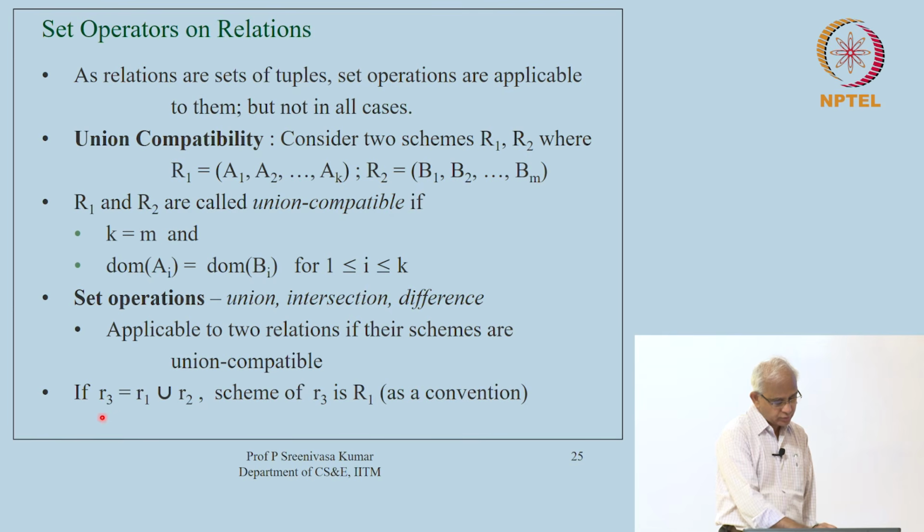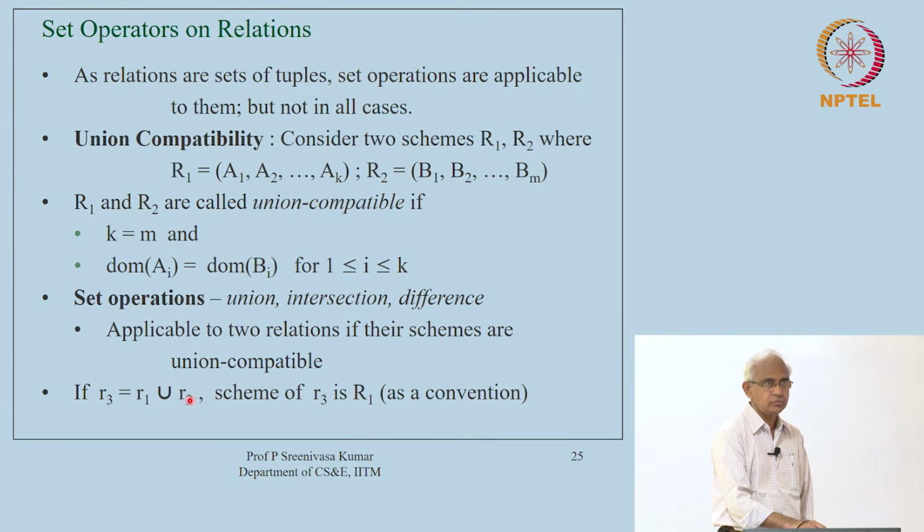Another issue that comes up is supposing R3 is equal to R1 union R2, where R1 and R2 are union compatible. What should be the schema for R3? Should it be the schema of R1 or the schema of R2? So, we just follow a convention that the left operand's schema is what we take as the schema of the result.